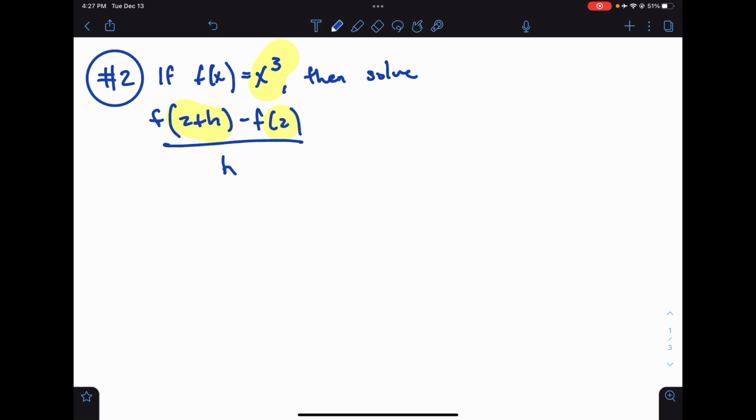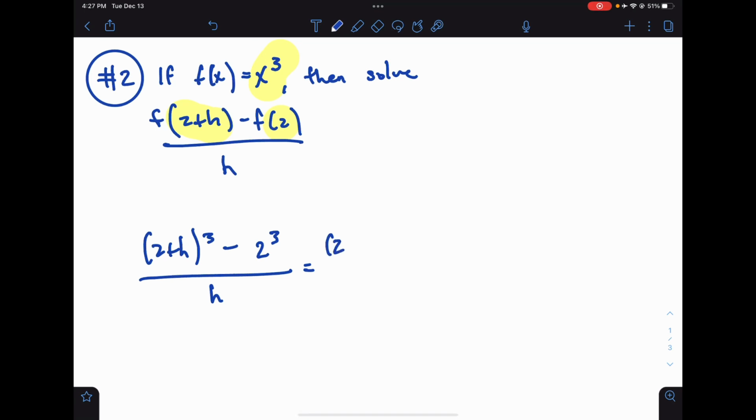To rewrite, it'll be 2 plus h cubed minus 2 cubed over h. And for 2 plus h cubed, we're going to go 2 plus h times 2 plus h times 2 plus h. 2 cubed is 2 times 2 is 4 times 2 is 8, so minus 8. And it's all going to be over h.